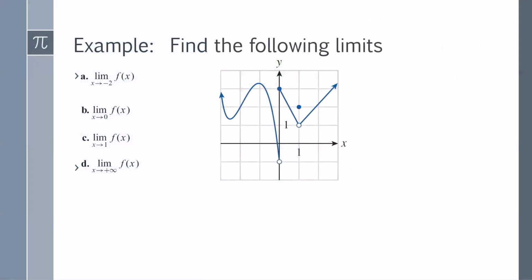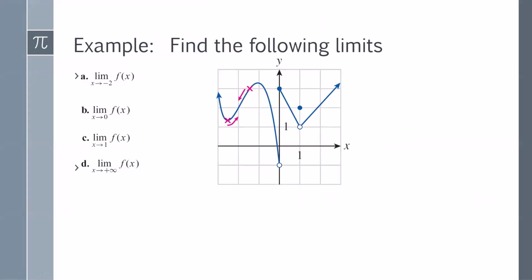Let's take a look at some limits based on a graph. The first one I want to look at is the limit as x goes to -2 of f of x. So if you find where x is equal to -2, and you go up to the graph, the value that the graph is approaching very close to that is the value that we want.